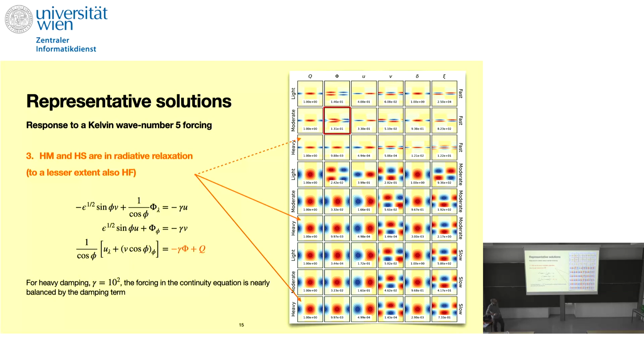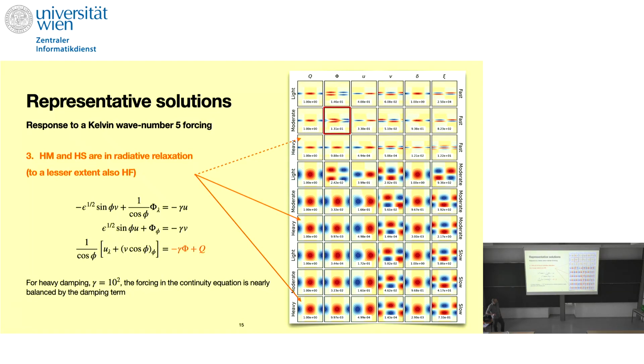Next, we can see that for heavy damping and slow rotation, heavy damping and moderate rotation, and to a lesser extent, heavy damping and fast rotation, we have what we call a radiative relaxation, where the forcing is nearly balanced by the dissipation term in the continuity equation, and consequently the divergence is small. So recall that my heavy damping cases correspond to a damping coefficient of 10 to the power 2.